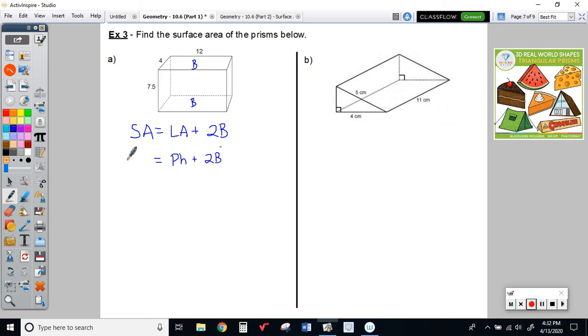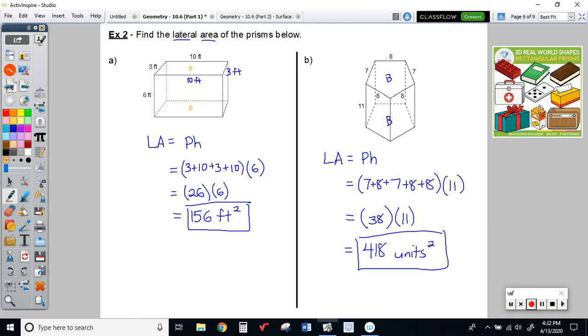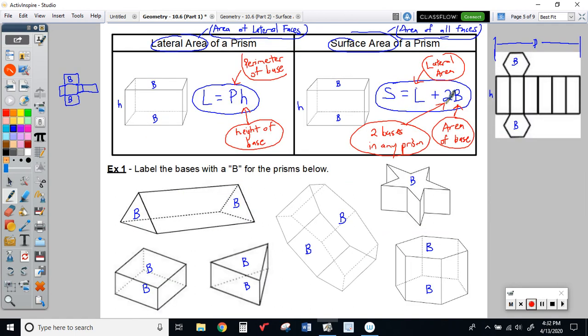So that's another way you could write this formula. If we go back to here, that's the alternate formula for surface area. Surface area is perimeter times height, that's lateral area, plus 2B. That's an alternate version of that formula.